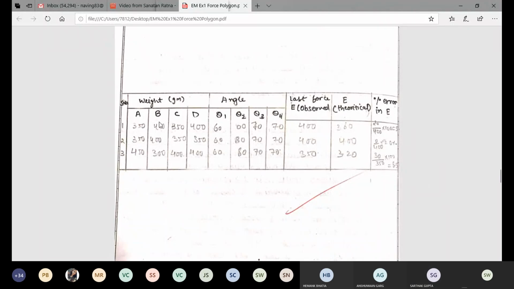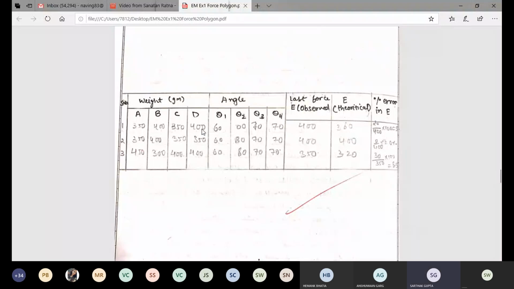Similarly for B, 400 gram means 4 centimeter. 400 gram is the total number of weights hanging through these strings.